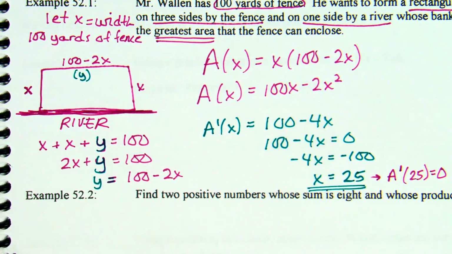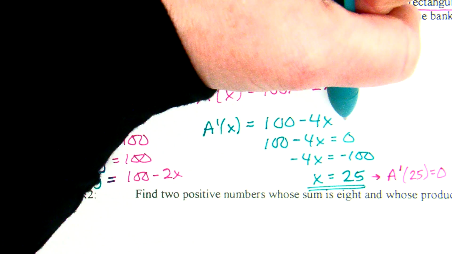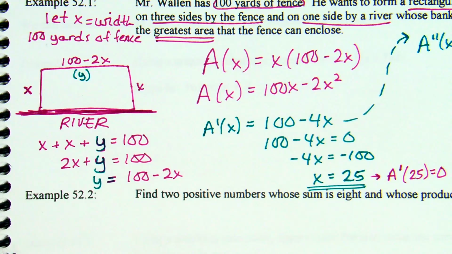Yeah. Now, ways to tell that it's a max. We could look at values on either side of it. We can also use our second derivative test. Let's look at the second derivative for a moment. What's the second derivative?